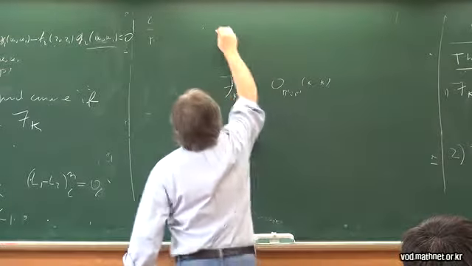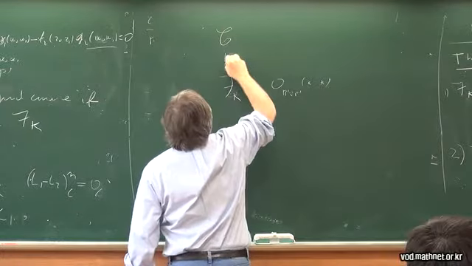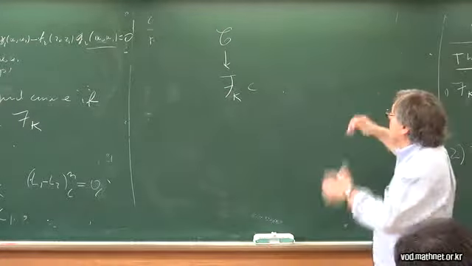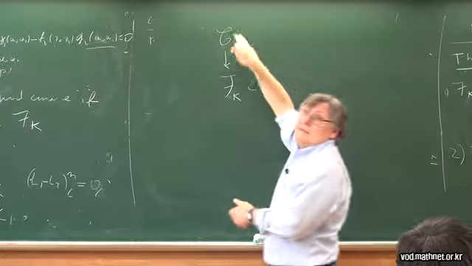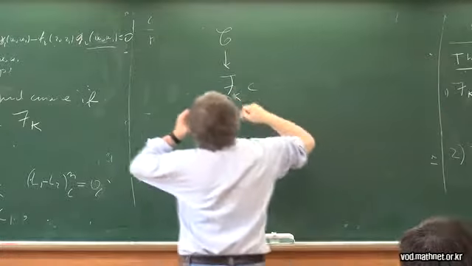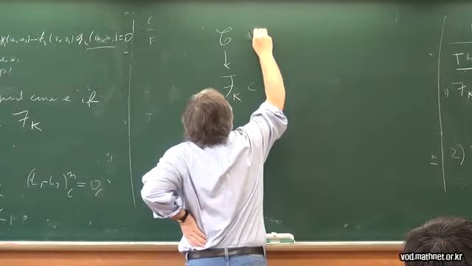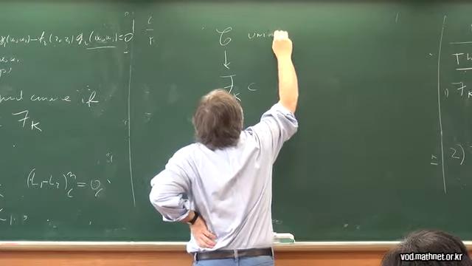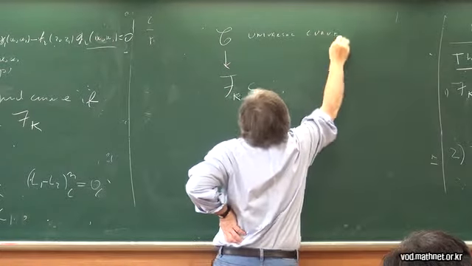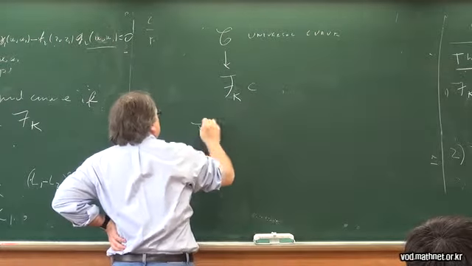So we have the universal family, containing some P^n, which is the Hilbert scheme of this linear system on the curve. This is the universal curve. Then we have the Jacobian.